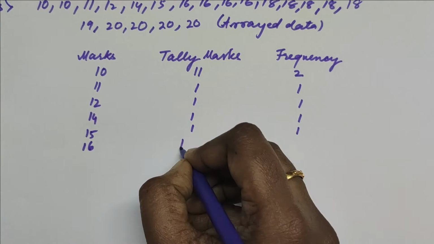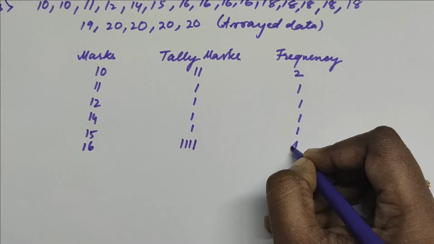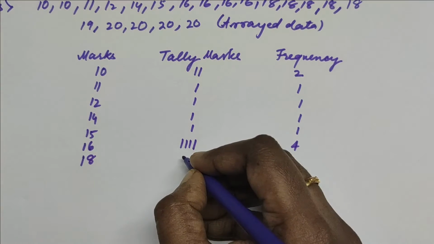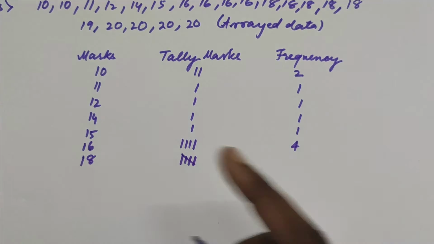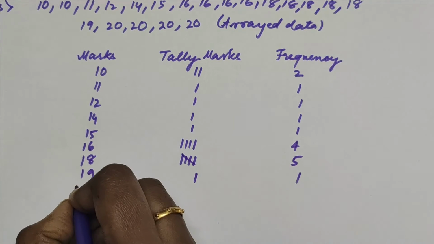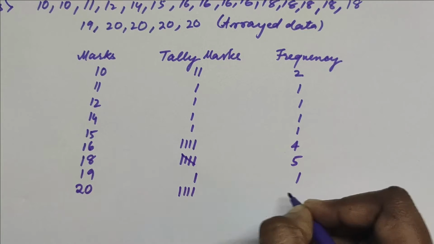Then 16 is 4 times, so 4 lines and the number 4 here. There's no 17, so I'm not writing it. 18 is 5 times, so 4 blocks and 1 cross over it. And 19 is 1 time, and 20 is 4 times.